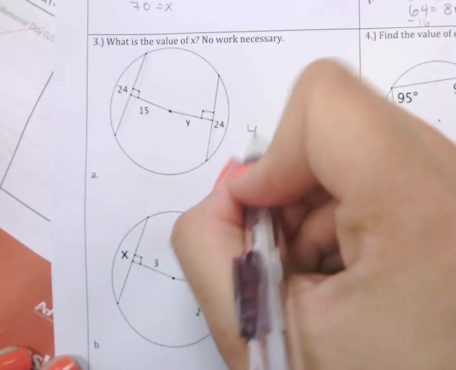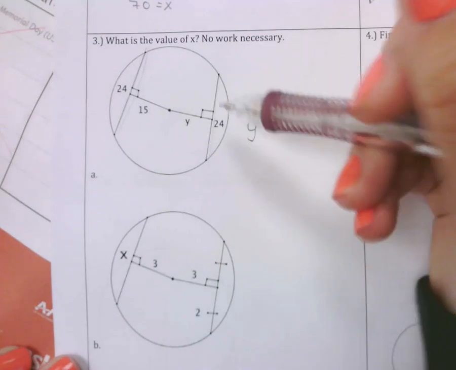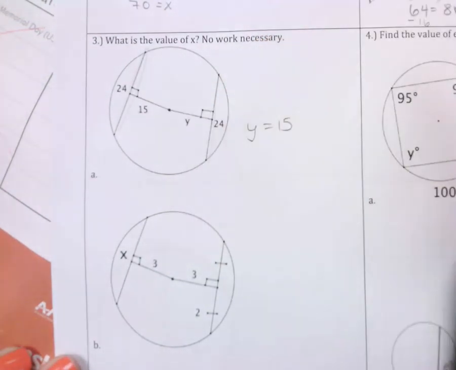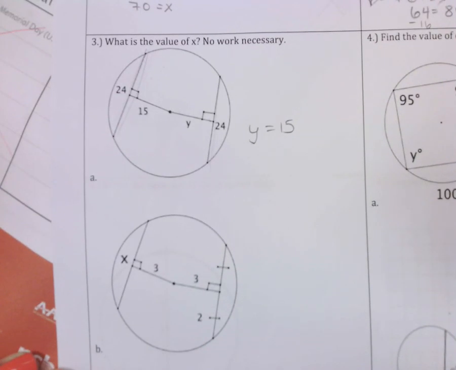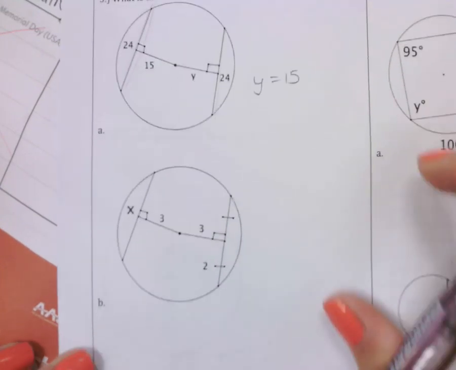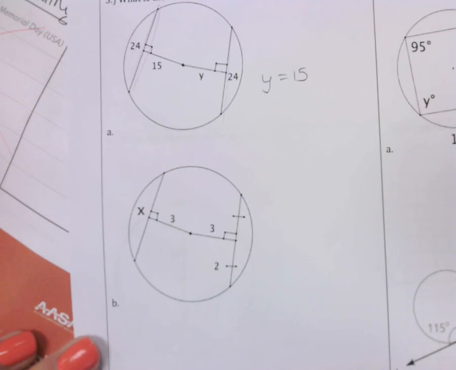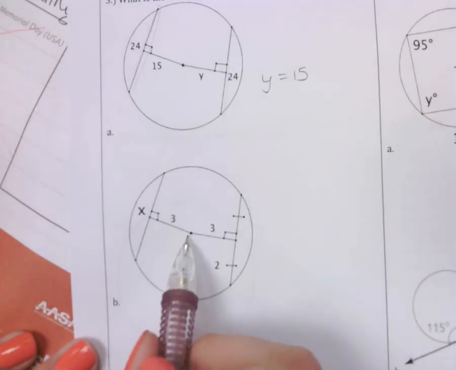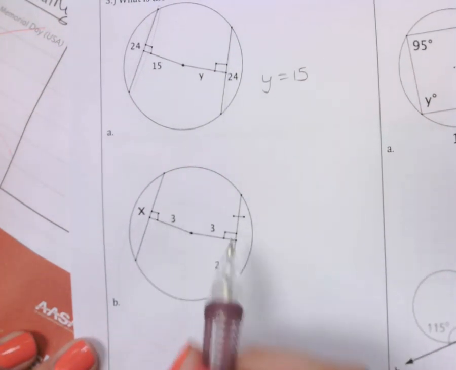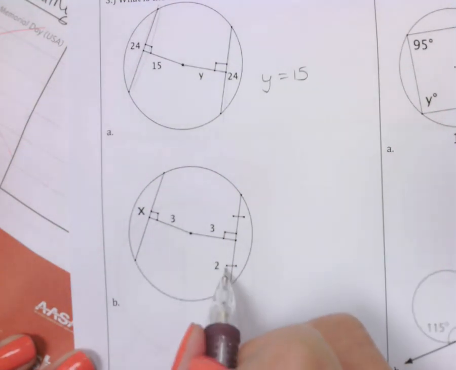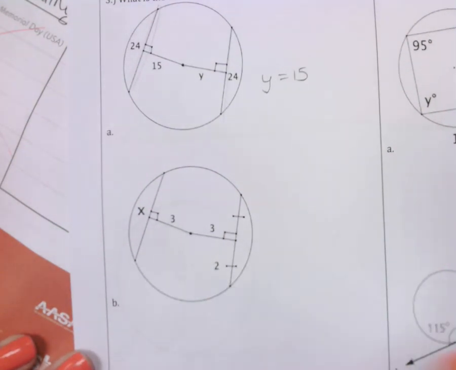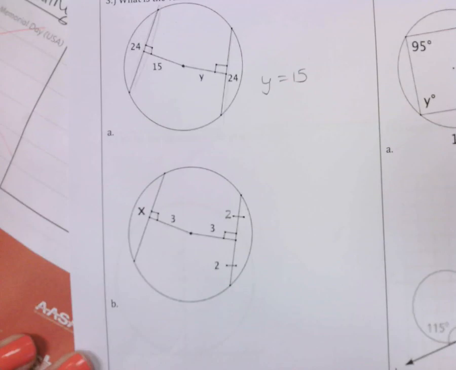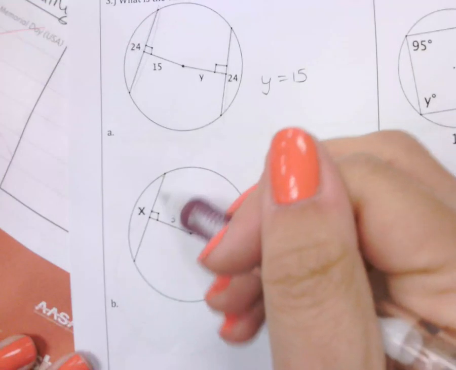So y is going to have to be 15, because these are congruent chords and they're perpendicular, so they have to be the same. And then kind of going the other way, in this case, these distances are the same and perpendicular. This length right here is 2, which means this length right here is also 2. So this whole chord is 4.